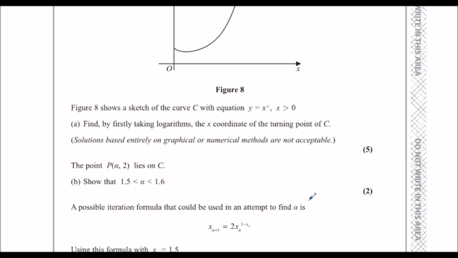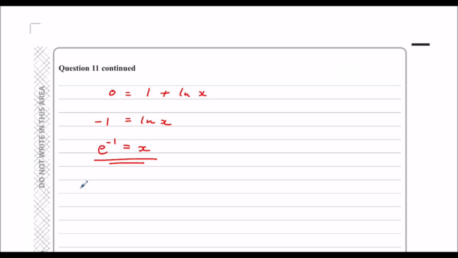The point P, alpha, alpha squared, lies on C. Show that alpha is between 1.5 and 1.6. So we can substitute 1.5 and 1.6 in, and they should be 1 smaller than 2 and 1 bigger than 2. So y equals x to the power of x.